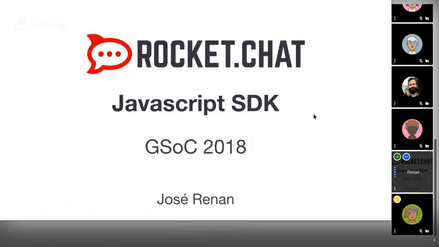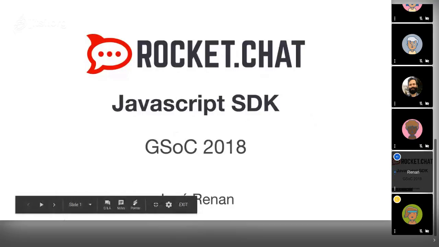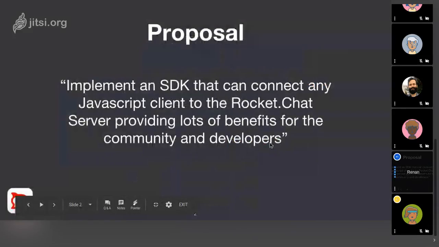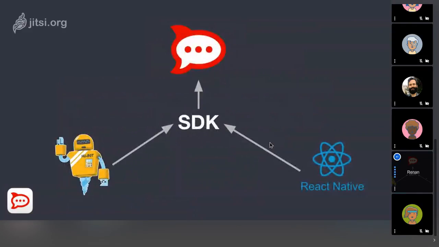I've been working on the JavaScript SDK project, and the main proposal of this is to implement an SDK to connect any JavaScript client to the Rocket Chat servers, because there are lots of JavaScript clients for Rocket Chat, like Hubot and the React Native client, and other clients that the community makes, like an app or anything that could connect to Rocket Chat.